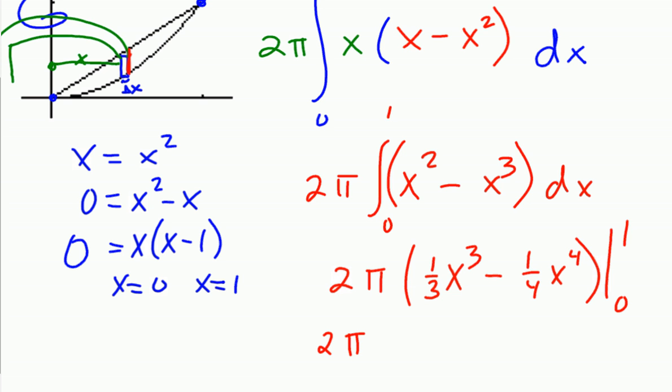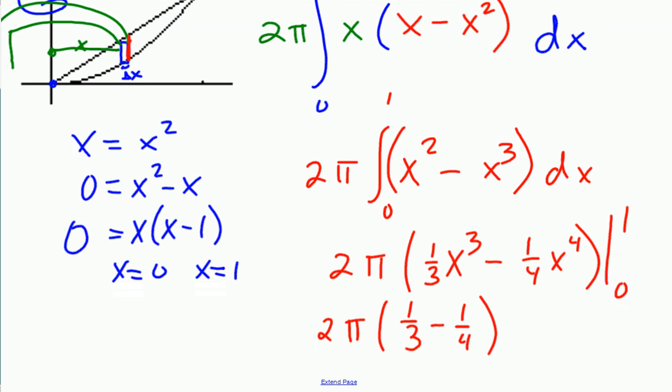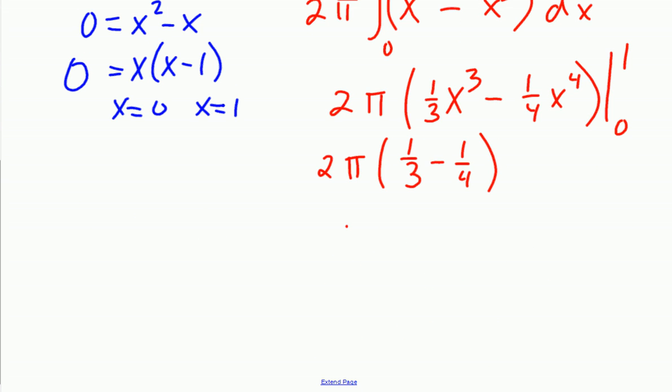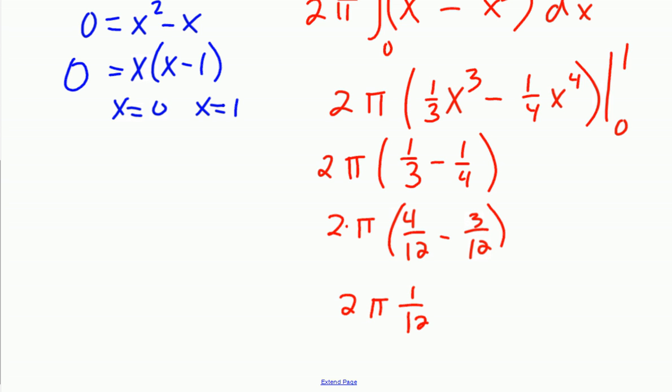It's always nice when it's 0 and 1 because it makes the calculations really easy. So I have 1/3 minus 1/4. You put 0 in there, it's gone. So now if I add my fractions, I have 4/12 minus 3/12 times 2 pi. So that ends up being 1/12 times 2 pi, or pi over 6.